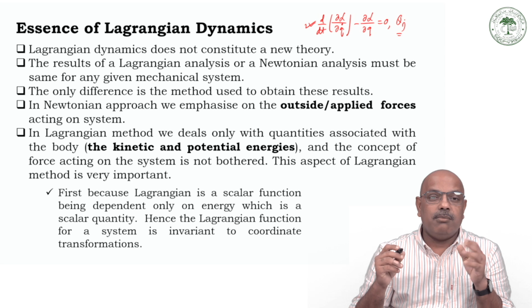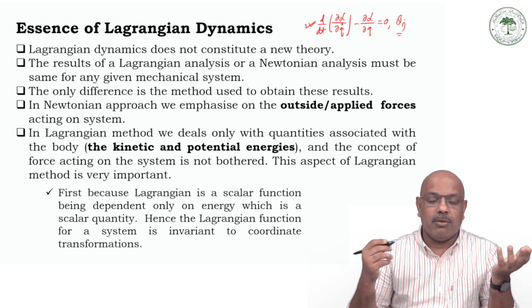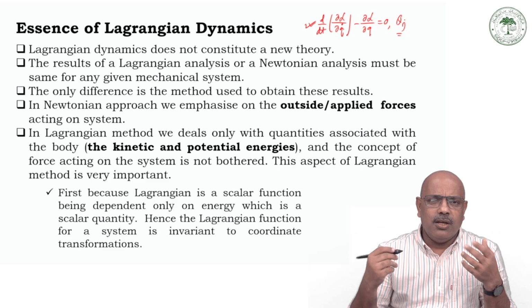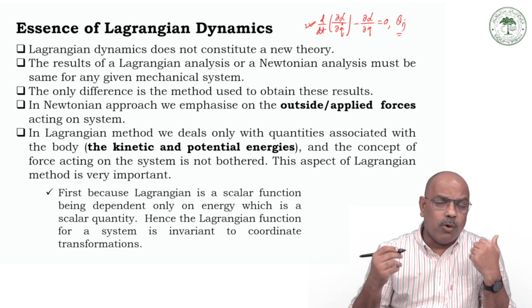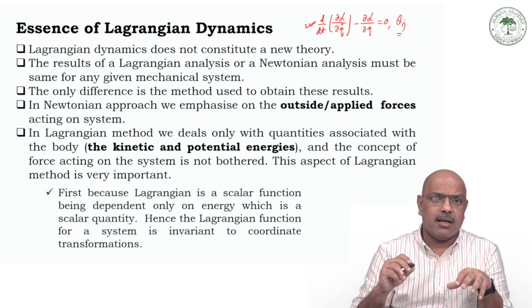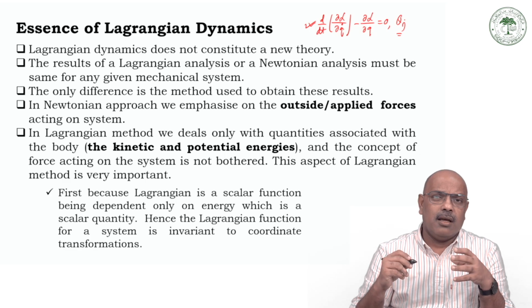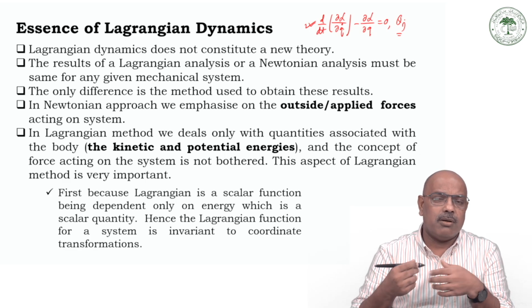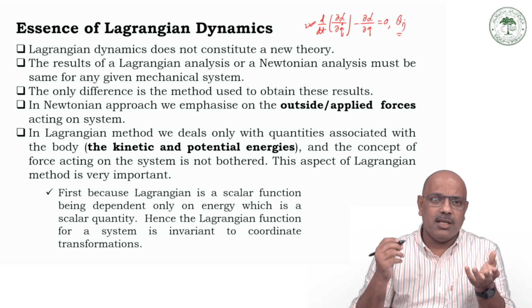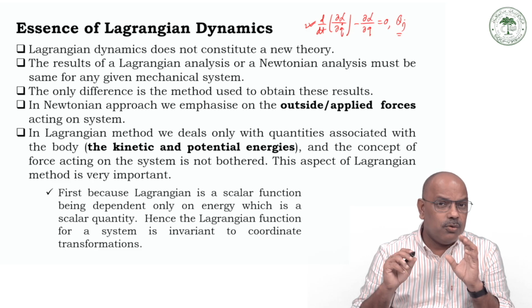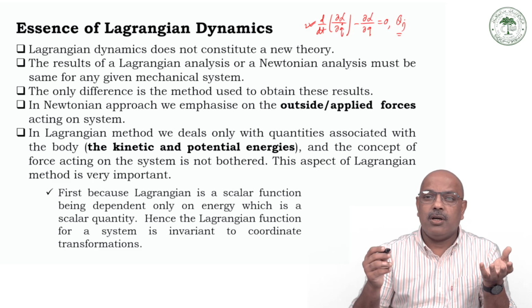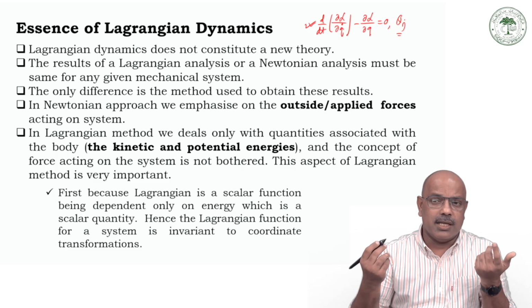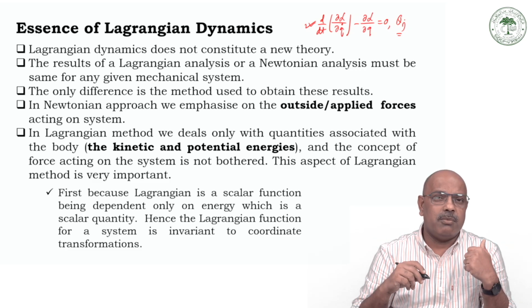But Lagrangian dynamics does not constitute some new theory, because what we finally obtain are the equations which govern the particular mechanical system under study. So either you do it through Lagrangian dynamics or through Newtonian mechanics, the result must be the same for any given mechanical system.